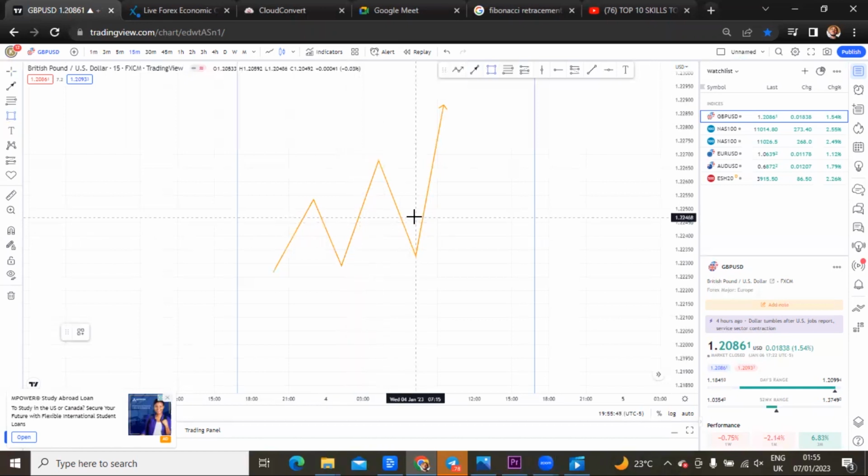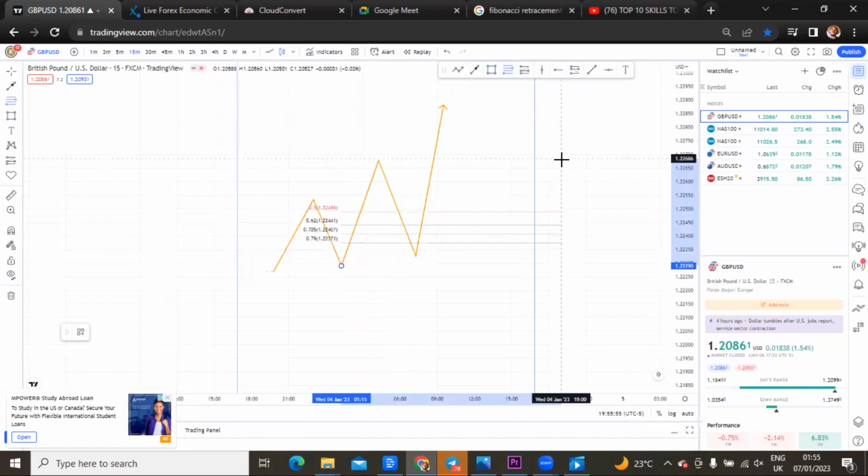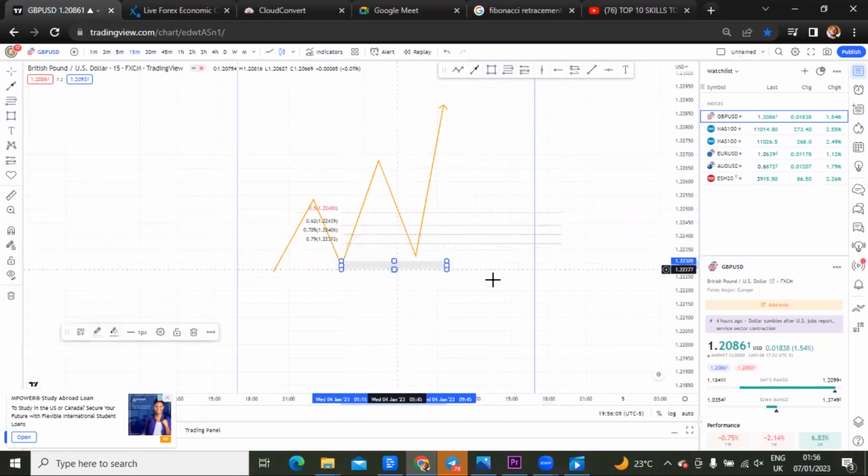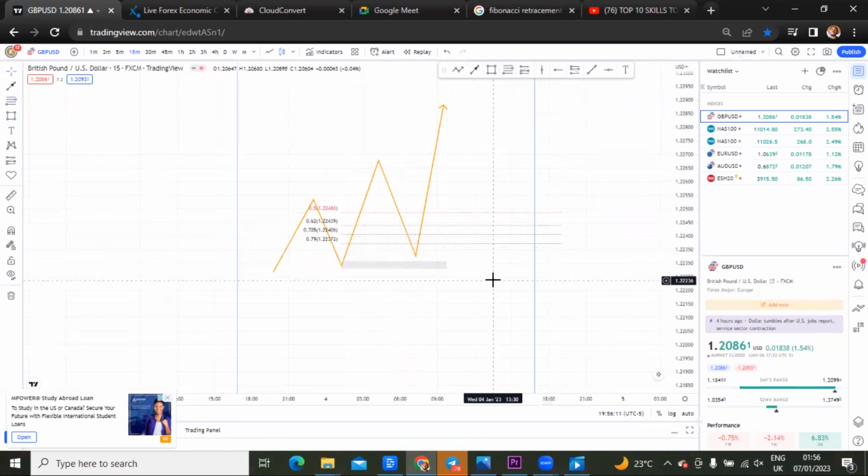If you watched the Fibonacci video, you understand what I'm trying to say. If 50% of your Fibonacci is here, you always find these order blocks below, around here, sometimes lower here. So you always will find them.